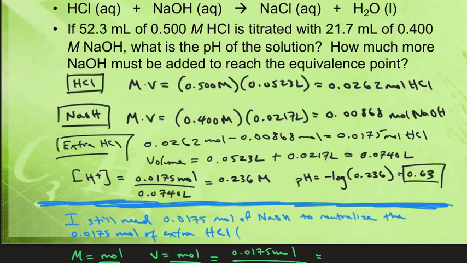If we do that division, we are going to get, to three significant figures, 0.0438 liters, which is 43.8 milliliters. So I still need to add 43.8 milliliters to completely neutralize it.